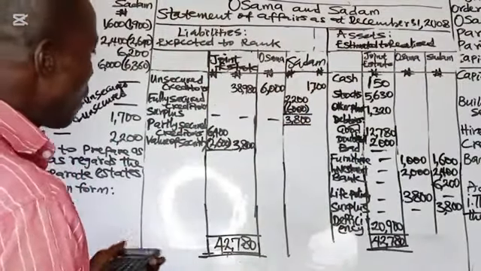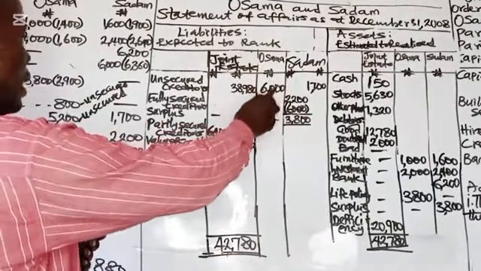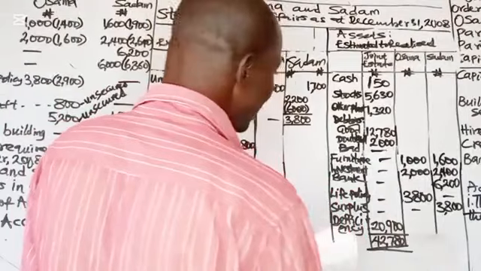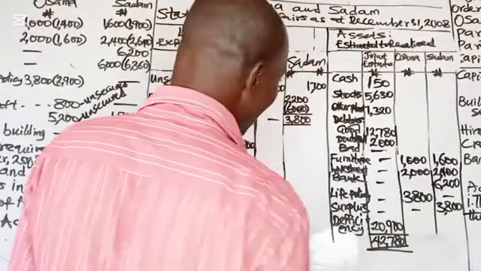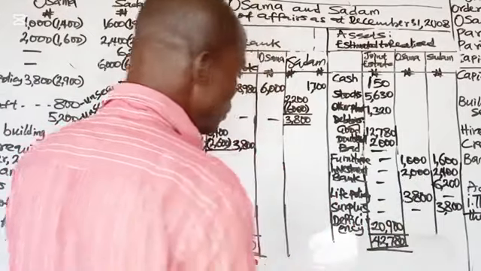For the individual partner, the debit side of Osama is total 6,000. Now let's add the credit side. 1,000 plus 2,000, that is 3,000, plus 3,800, that will be 6,800.